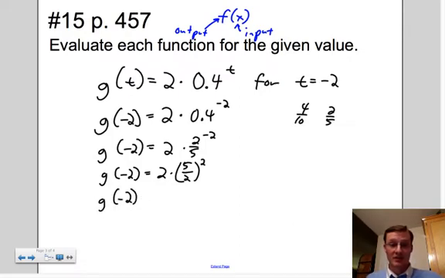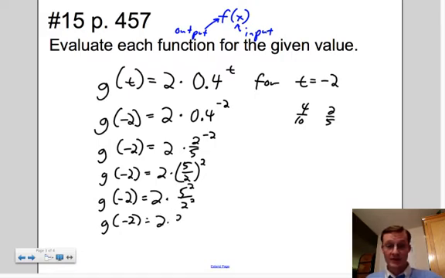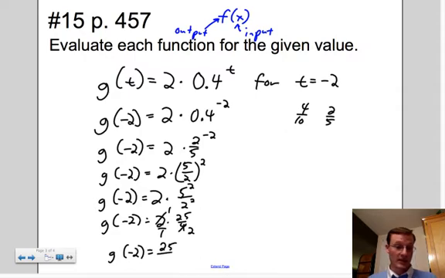And so now we're going to continue to evaluate 2 times 5 squared over 2 squared. That's 25/4, and I'm going to put this over 1 because I have this in this form. I have two fractions, we have multiplication, I can reduce that fraction, and we get g of -2 equals, you could have it both ways, 25/2, or you could say 12 1/2. Either form would be fine.